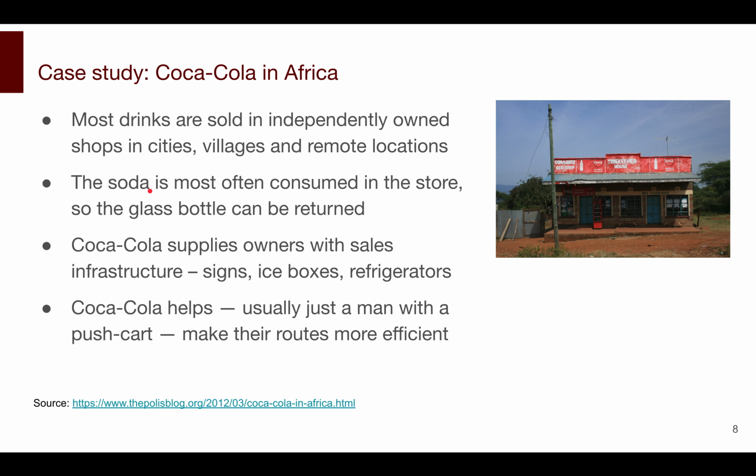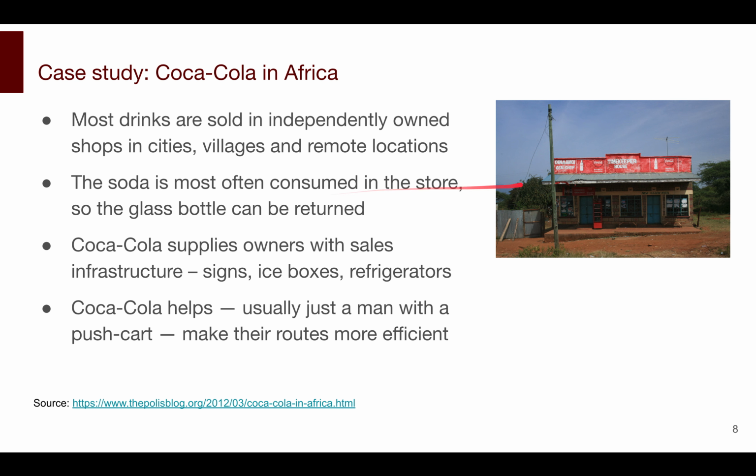And one thing that's different from how Coca-Cola is consumed in Hong Kong or in developed countries is most of the soda is consumed in the store in a glass bottle, which is usually returned and reused. So this is where reverse logistics comes in. Coca-Cola often collects the glass bottles, cleans them, and then fills them up with new Coca-Cola and sells them again.